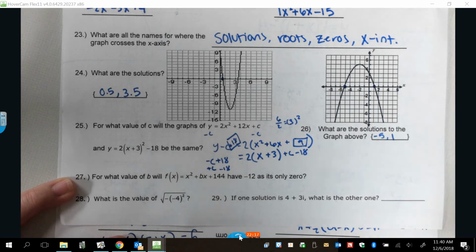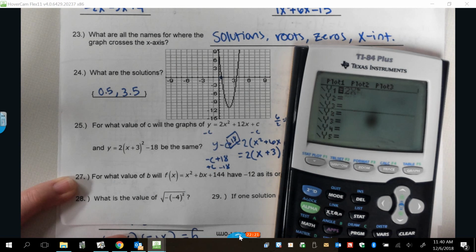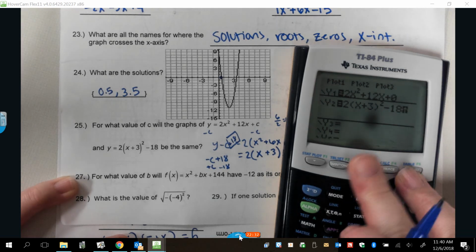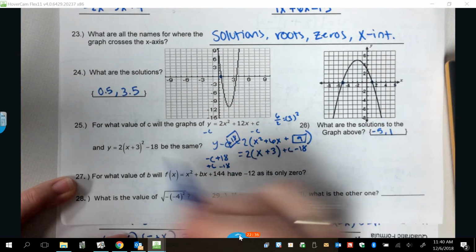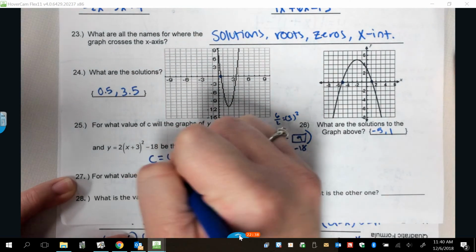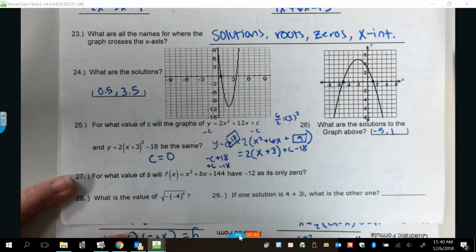So C would be 0. 2x squared plus 12x plus 0, and then 2x plus 3 squared minus 18. I was right. So C would be 0 because it doesn't change. This one's a little confusing, but remember on the test it'll be multiple choice and you can plug them in and see which one works.